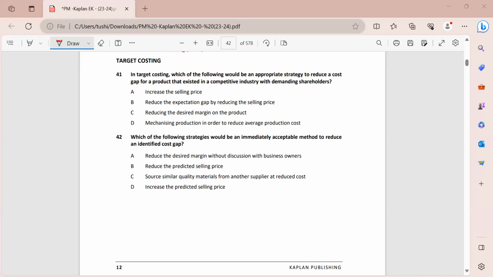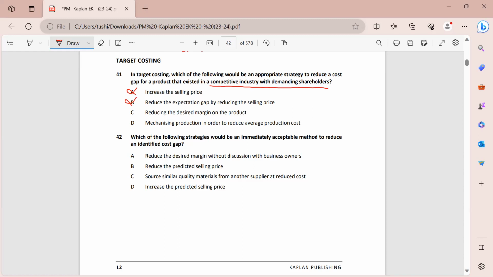In target costing, which of the following would be an appropriate strategy to reduce a cost gap for a product that existed in a competitive industry with demanding shareholders? Increasing the selling price is definitely not an option in a competitive industry. Reduce the expectation gap by reducing the selling price. Again, we cannot reduce the selling price because this will not come under target costing.